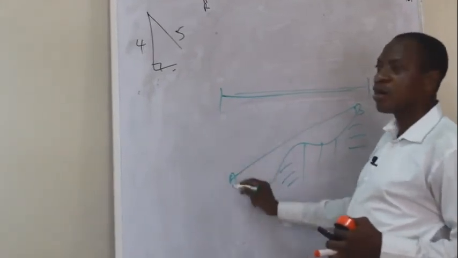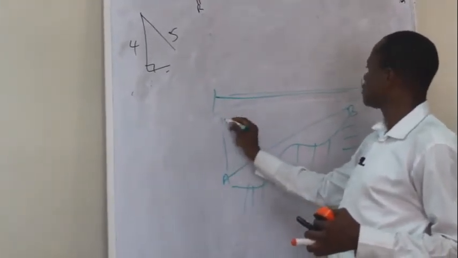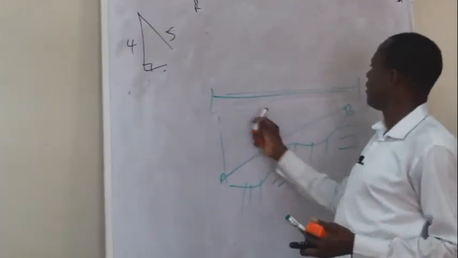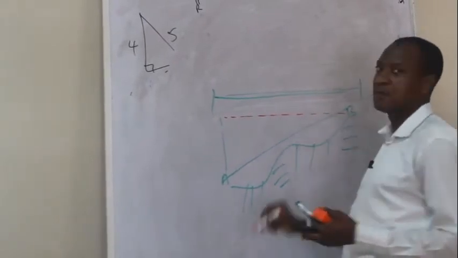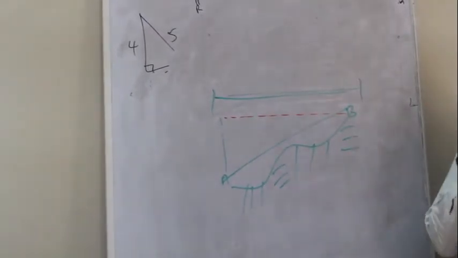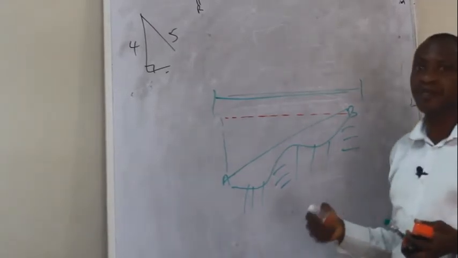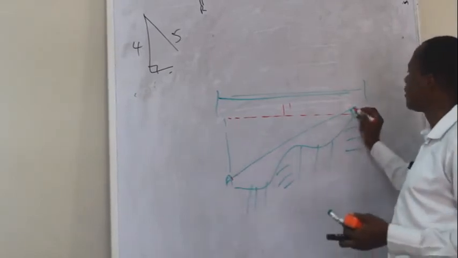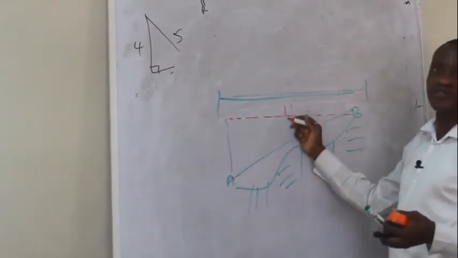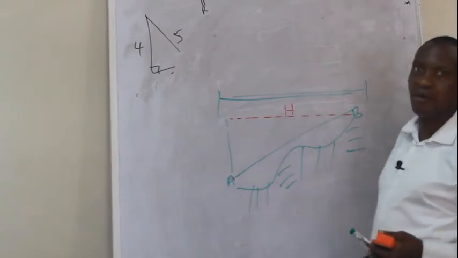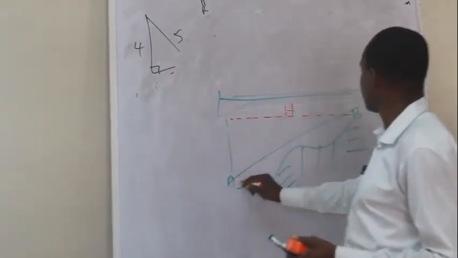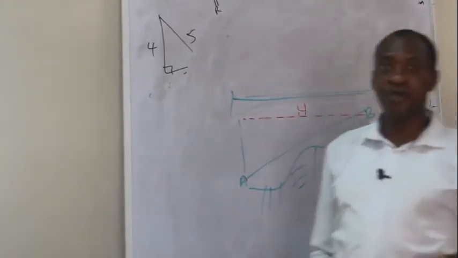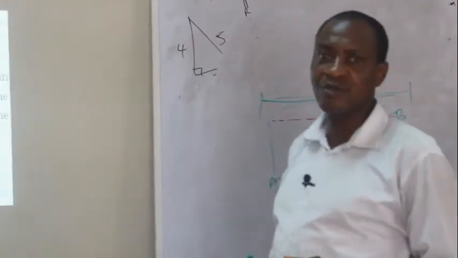But what is expected of us is that we should measure from A to B like this, because in survey we normally measure horizontal distance. So if you have measured from here to here on the slope, you need to convert it to its horizontal equivalent. If your tape is not horizontal and you have measured like that and recorded it like that, then be sure that you have not carried out proper measurement.